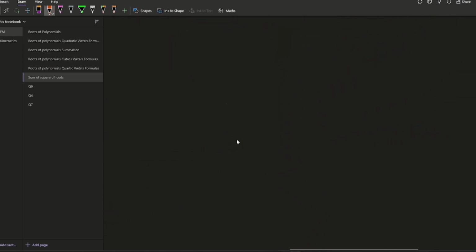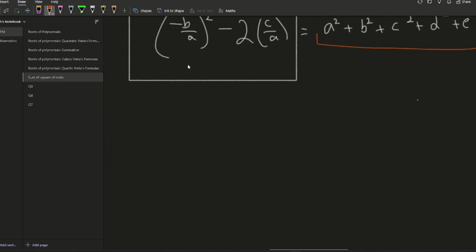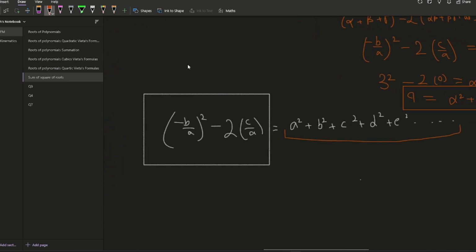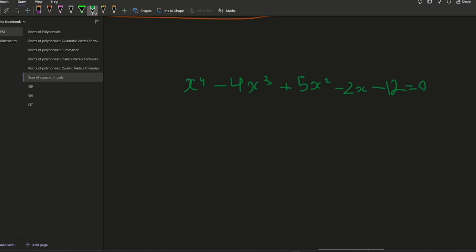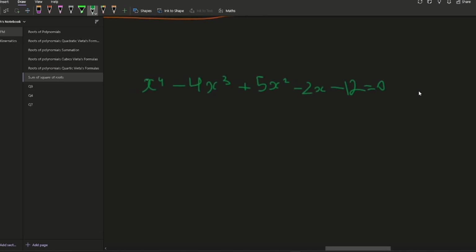Now, let's solve directly using this formula for a quartic equation. The roots of this equation are alpha, beta, gamma, and delta.